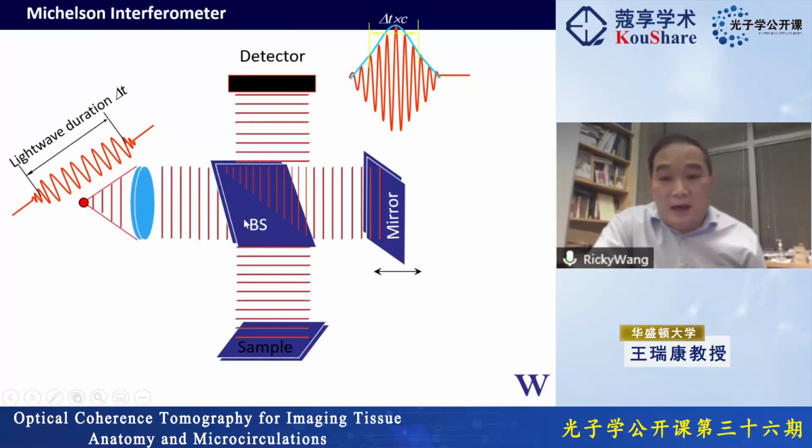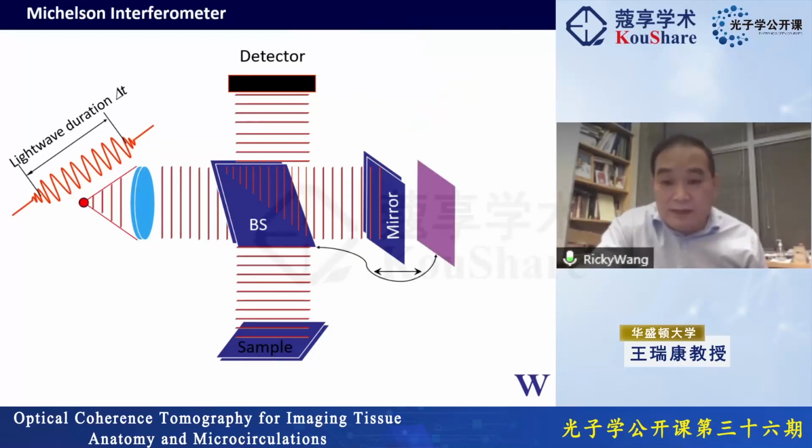Now, if I move my reference mirror away, for example, by 1 micron, in this case the difference between the optical path lengths in the reference arm and the sample arm is outside the coherence length of the light source. And you will see no signal mixing at all in your detector, right?